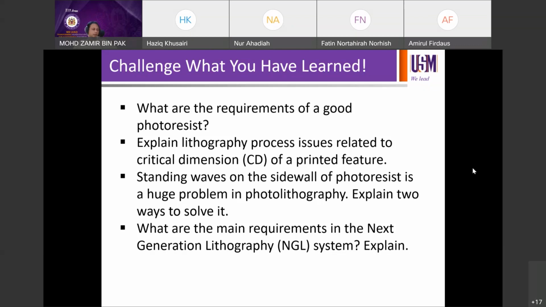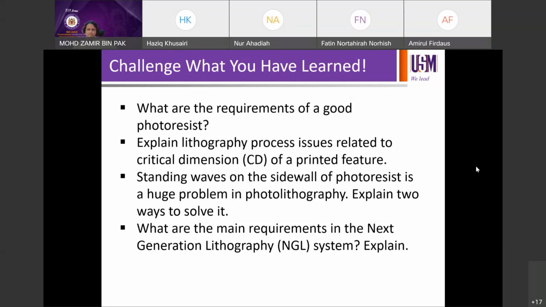One more option, if you don't talk about BARC, you can also talk about TARC. So it can be applied beneath the resist as BARC, bottom, or it can also be applied on top of the resist as TARC, top, anti-reflective coating, right? So you may encounter BARC and TARC every now and then. So second solution, anyone?